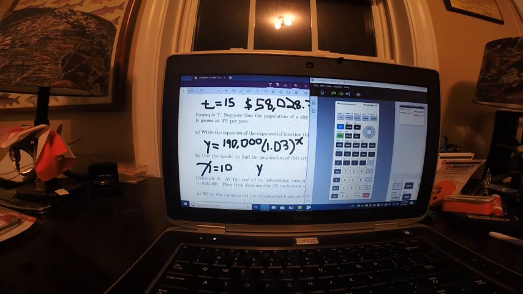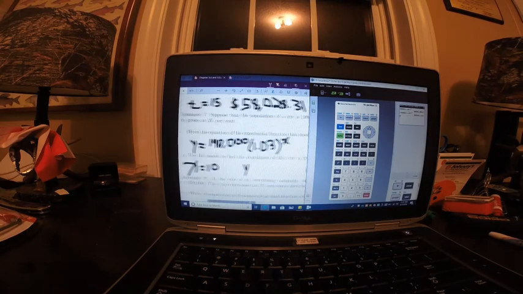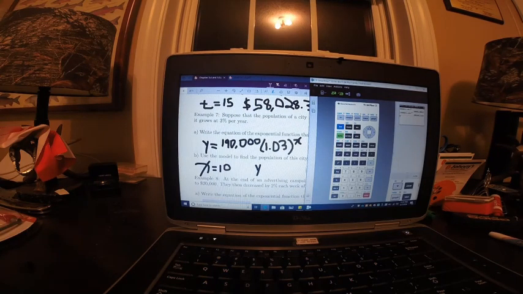Now, we're obviously modeling the population of the city in 2010, so I can't have 0.11 of a person, so I'm just going to round it to the nearest whole number. So here, my y equals 255,344.